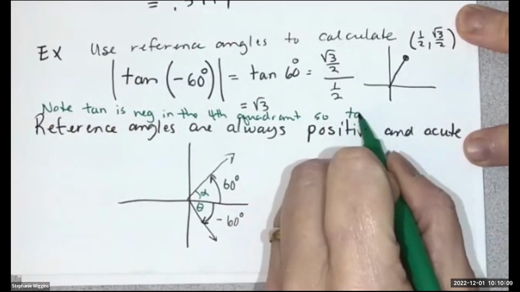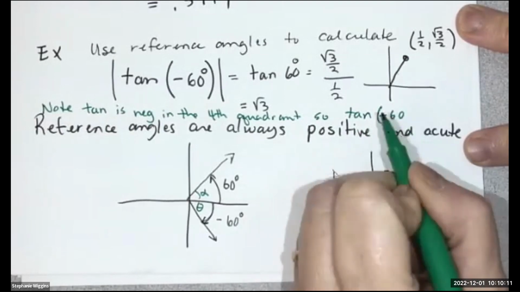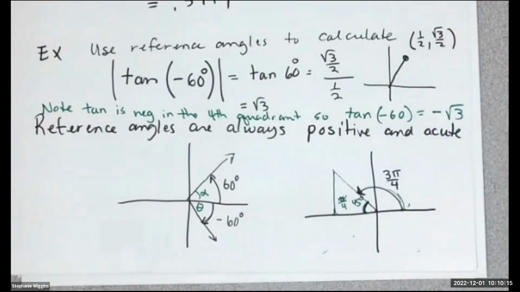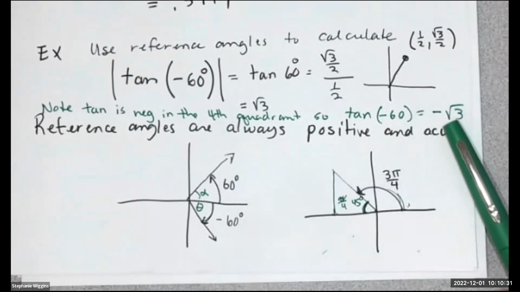So tangent of negative 60 is negative square root of 3. So when they say use the reference angle to calculate it, you're disregarding the sign. And then after the fact, you use All Students Take Calculus to know, oh, tangent is negative in the fourth quadrant, negative 60 degrees is in the fourth quadrant. So I know the sign of this thing is going to be negative. So that's what they mean by using the reference angle.